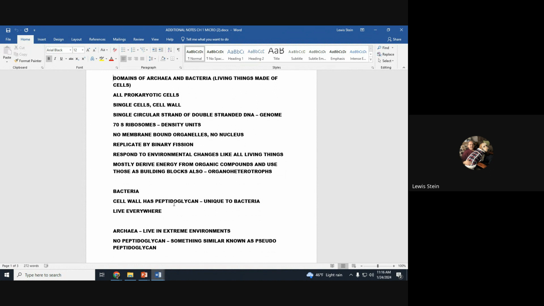We'll get into all of that. That's where it gets its name, peptidoglycan. Bacterial cell walls all have some amount of peptidoglycan, not all the same, not all arranged the same. That's that whole gram-positive, gram-negative thing we're going to get into ad nauseam, and that is unique to bacteria.